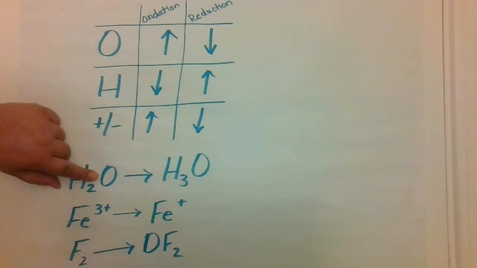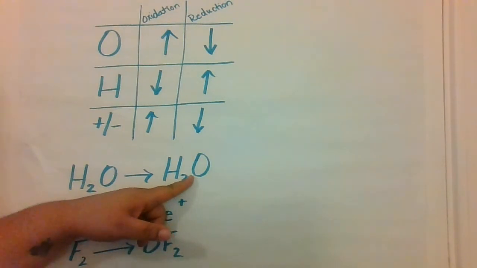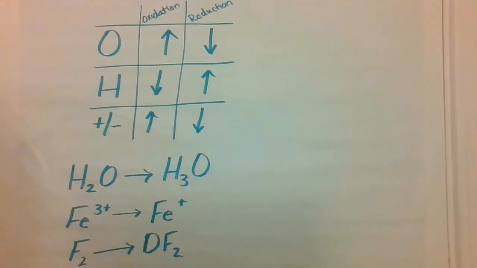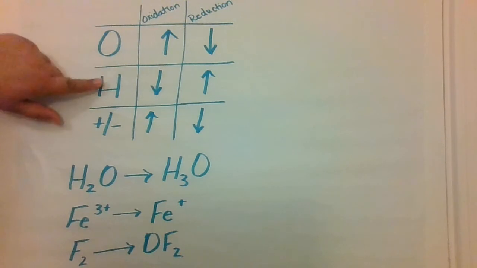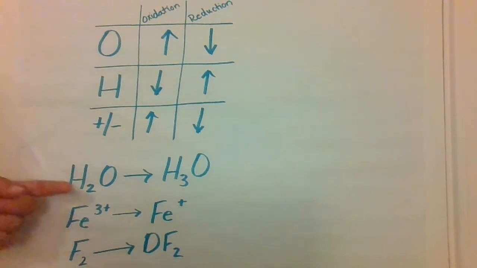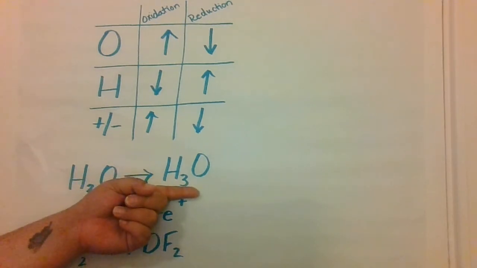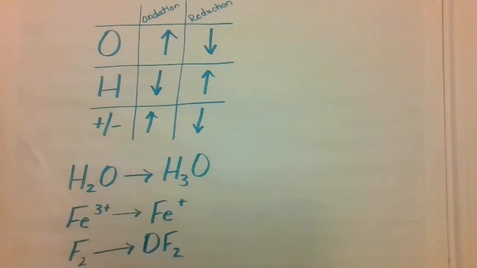On the reactant side, I have one oxygen. On the product, I have one oxygen. So nothing has changed with my oxygens. So I must then go down to my second level, which is hydrogen. Here we have two hydrogens, and that has now changed to three hydrogens.